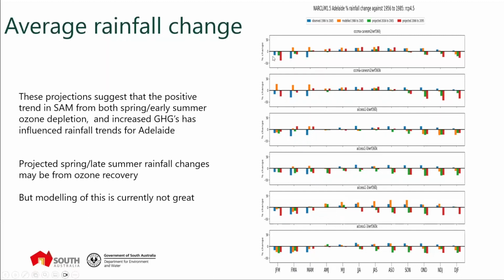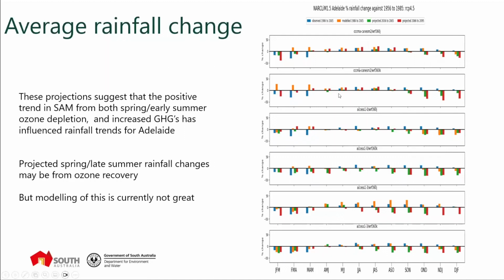So the blue is actually the observed change over the period 1986 to 2005. So that's a commonly used climate change projection baseline period. And then they've got what the model said. So they run the models for the historical period, what the model said would have happened over that time in the orange, and then the future projections from each of those models over 30-year periods into the future.